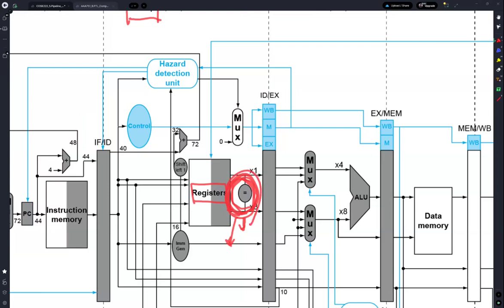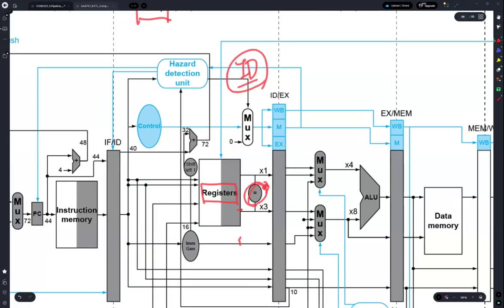So we can get the result of a branch instruction in the ID stage, because the equality check logic is in the ID stage.